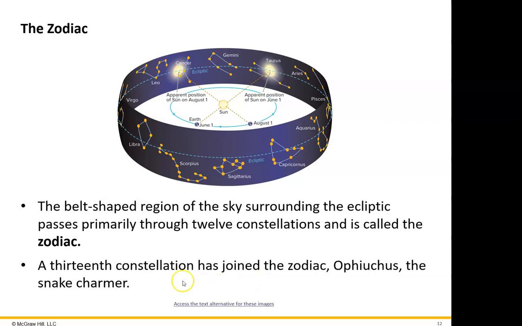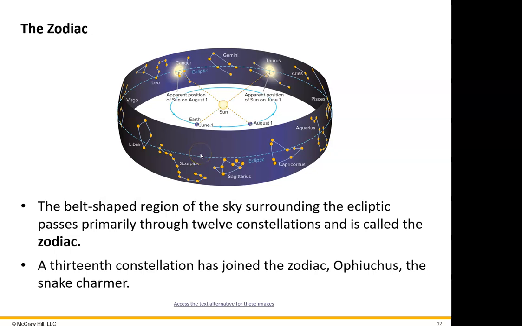And look at this. They mention Ophiuchus is the snake charmer. I think before I thought it was some water thing. Anyhow, they're not even showing you. Ophiuchus again is right about here.